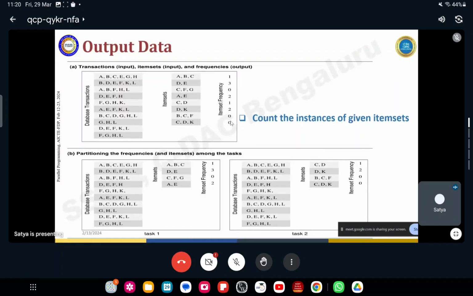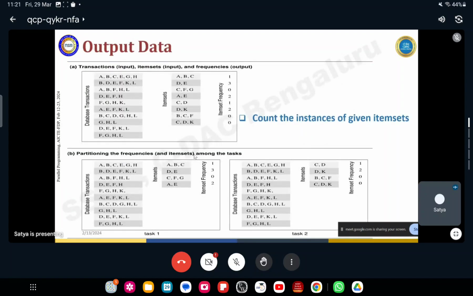Now imagine Flipkart or Amazon: can you imagine the data size, how many transactions, and how many items? Out of all the items, which are the most frequently bought? It is very difficult to analyze. We need a supercomputer to analyze, where we have to break it into a number of parts, and that is the reason the item set is generated.